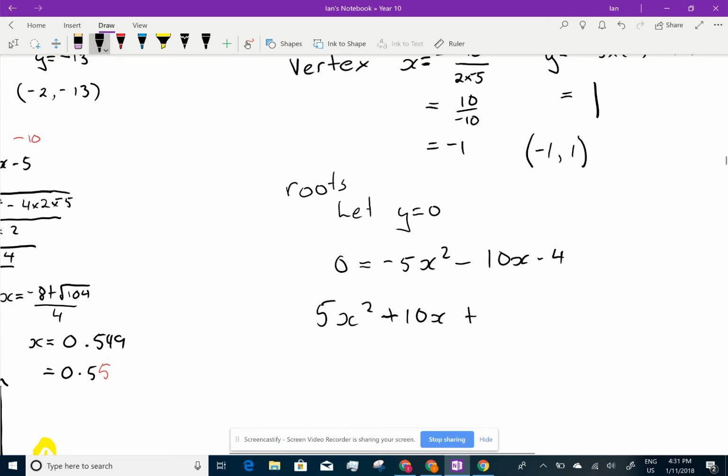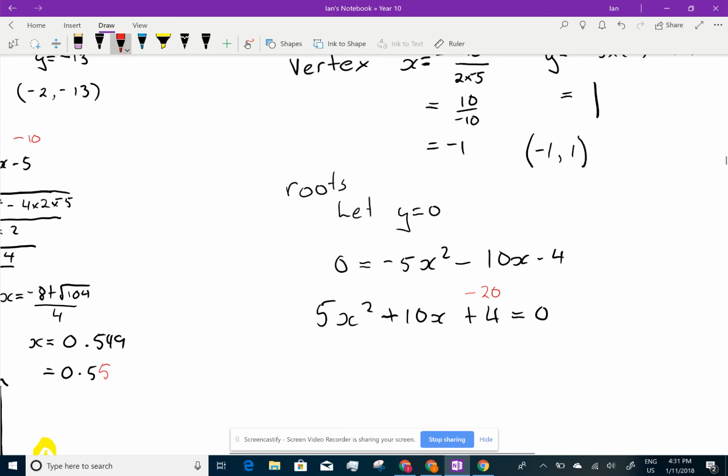It doesn't change it. It hasn't made it a positive parabola because I'm just solving to find the roots here. And I quickly go, oh, is there anything that multiplies out to 20 and adds up to 10? Well, I don't think there is.